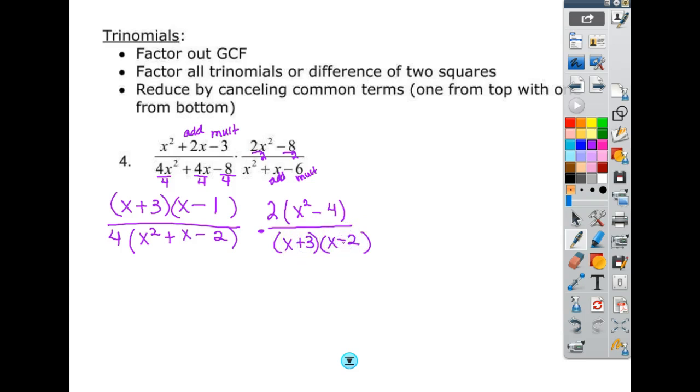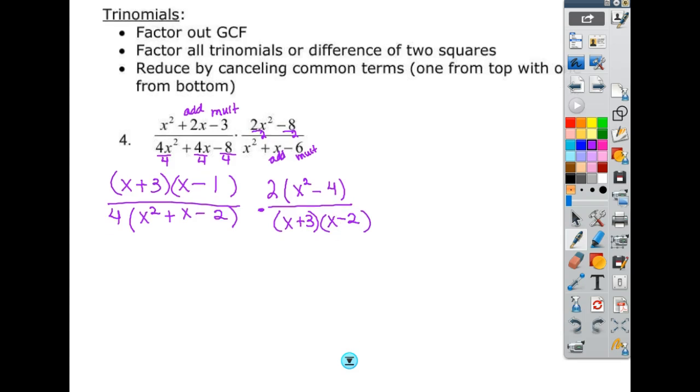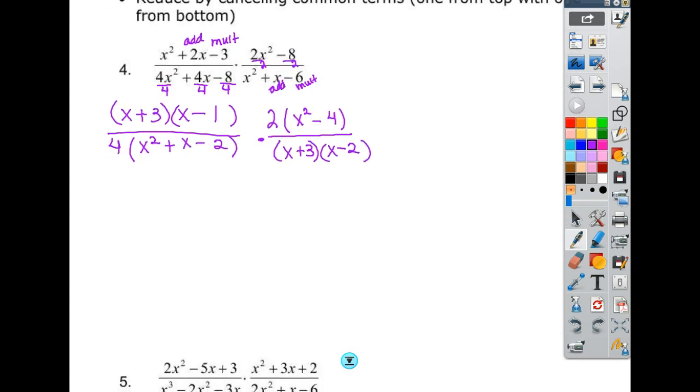We have a little more work to do here, so let's make a little more room. This x plus 3 and this x minus 1 were good to go. Down here, we needed to factor again. Do not forget that 4. What multiplies to negative 2? What are our multiples of negative 2? 2 and 1.